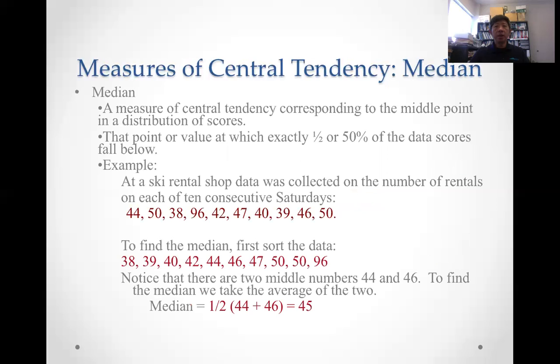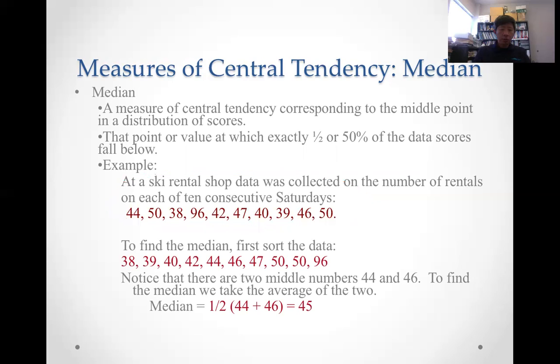Now, what about the median? The median is a measure of central tendency corresponding to the midpoint in the distribution of scores, the point value at which 50% of the data scores lie below. Again, I'm going to give you the same problem. Here is the data we have. How do we find the median?